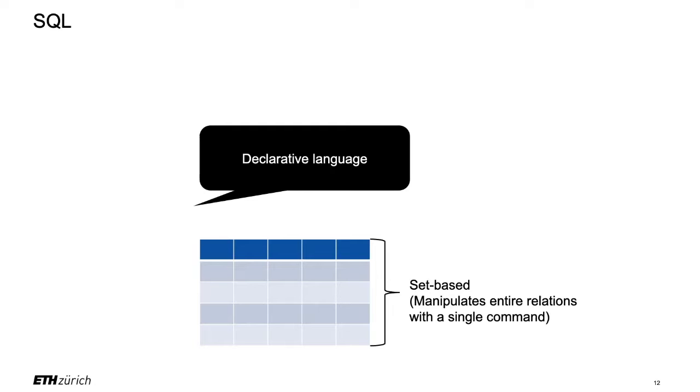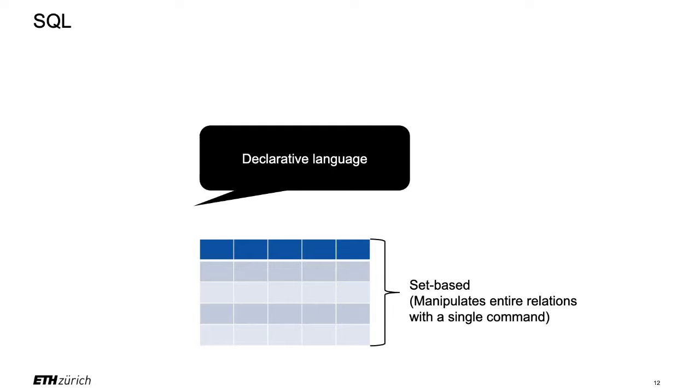The other aspect is that it is set-based. This is a way of saying that it manipulates entire relations with a single command. It's the idea, you know, when you have a language like C or C++ or Java, you always manipulate one value at a time, always one. Every method in Java returns one value, can be an integer or a string, can be an object, but it's always exactly one. In SQL, it's not the case.